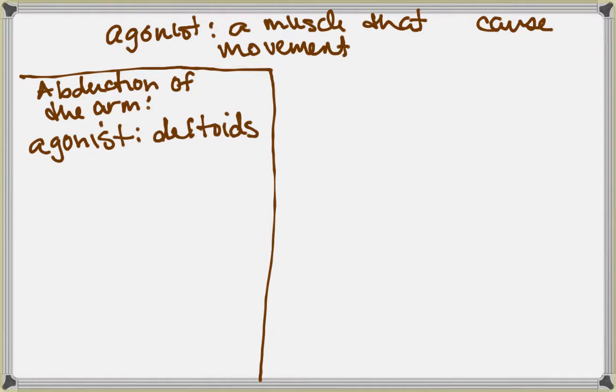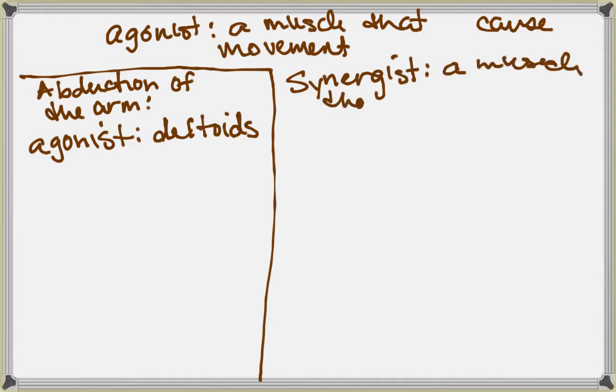Now the next thing we're going to hit on is a synergist. Anything that says synergist or synergistic is talking about this cooperative working. So this is a muscle that will work with another muscle to perform the same movement.